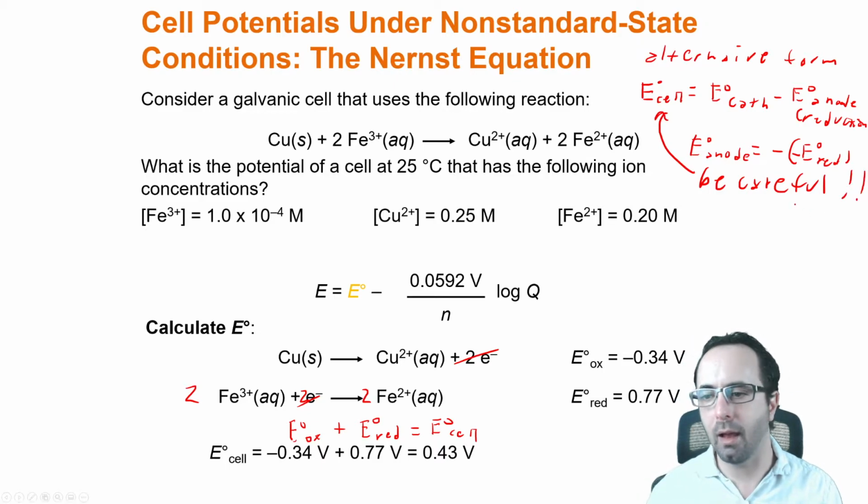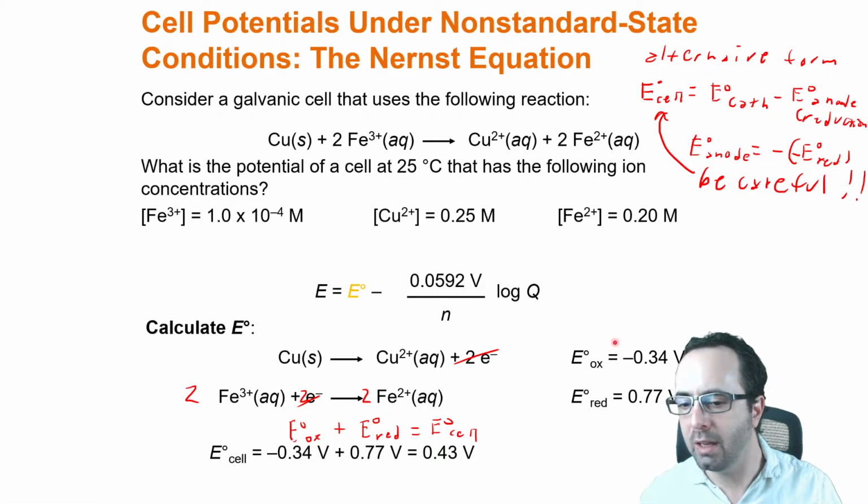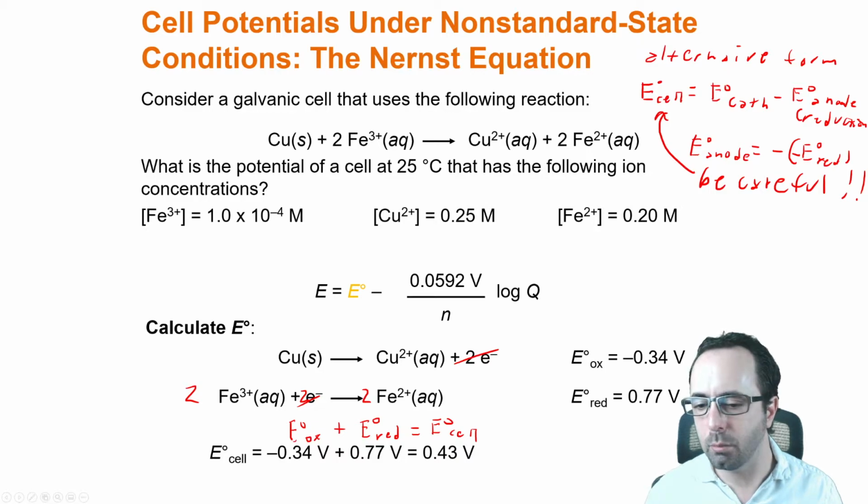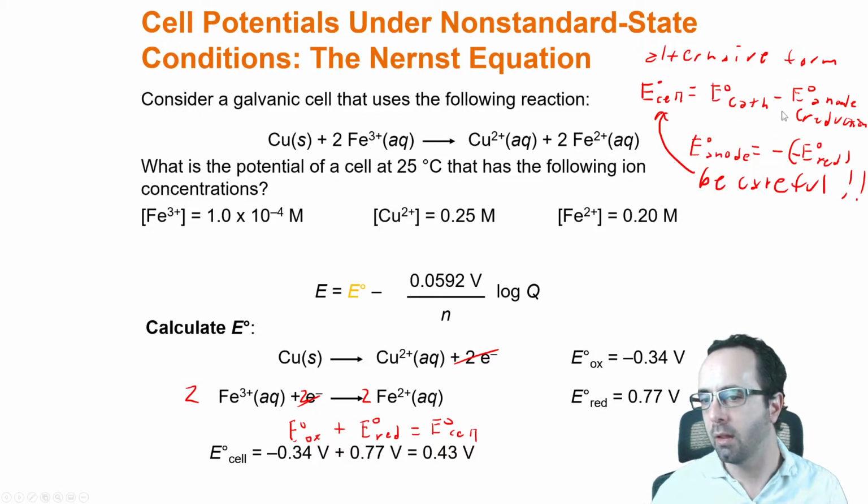I'm just going to tell you it's out there. But be careful because this negative is meant to change the sign so the reduction potential becomes an oxidation potential. But I do that separately because I say this is an oxidation potential, not a reduction potential. I need to change the sign, and then I just add them to get the overall cell potential.